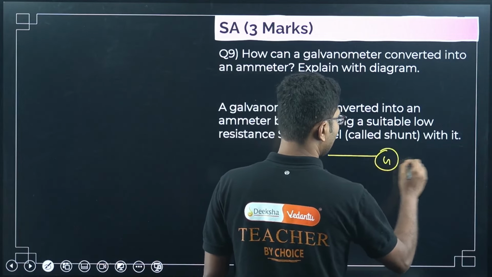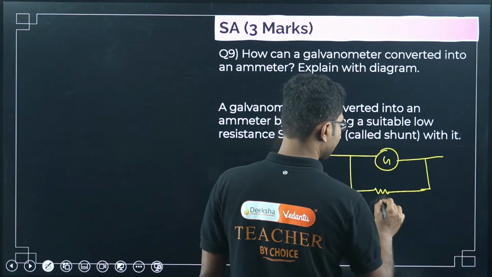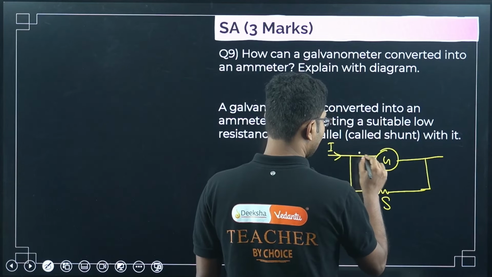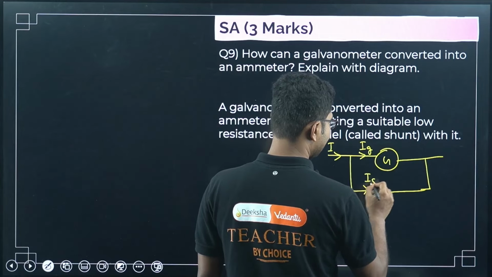So in that case, galvanometer is G. Now here you are connecting a low value resistance shunt with it. Suppose the current in the circuit is I. The current in the galvanometer is Ig, current in the shunt is Is.